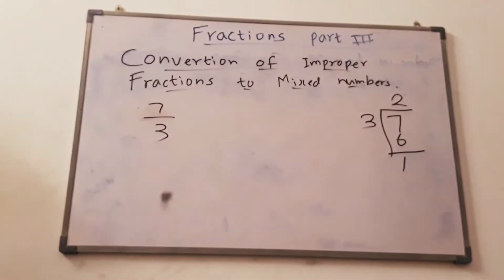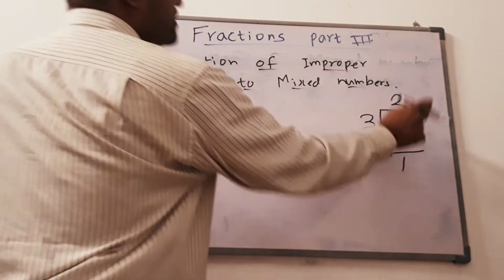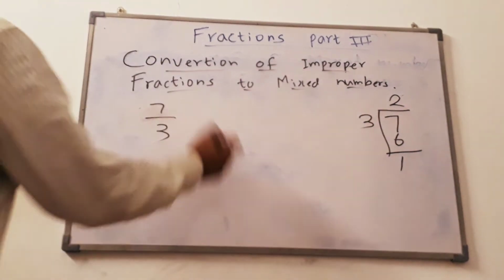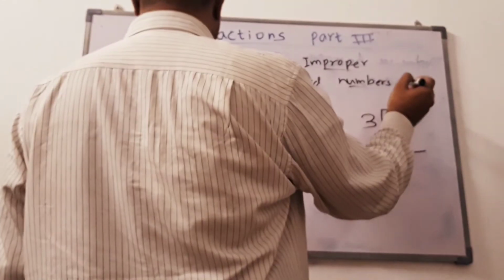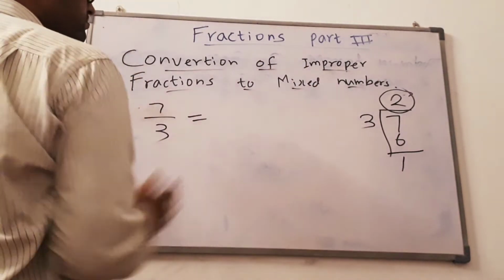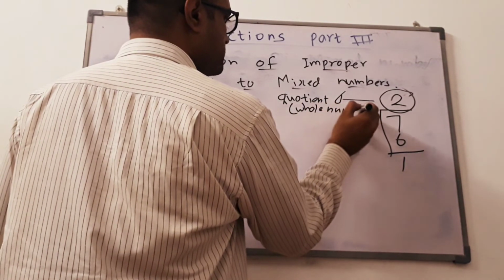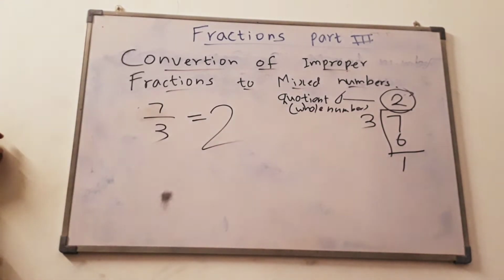Okay, we have to divide 7 by 3. How many 3s? 2 3s. But 3 times 2 is 6, not 7, so there's a remainder. According to this calculation, the quotient is the whole number.